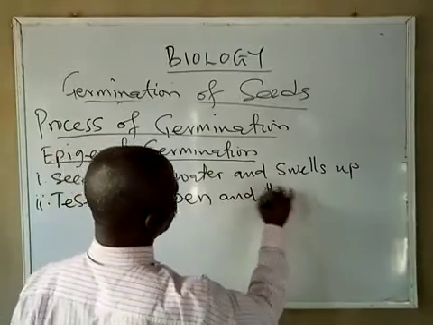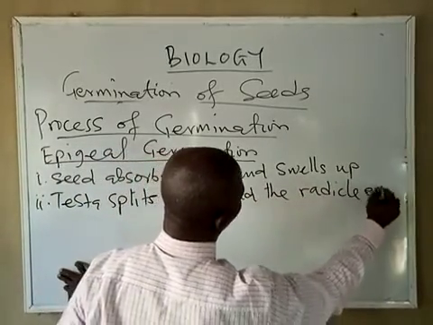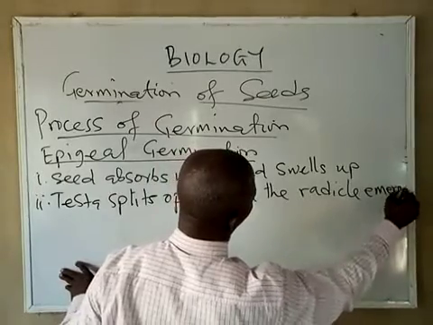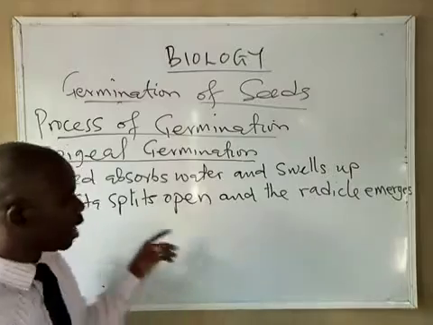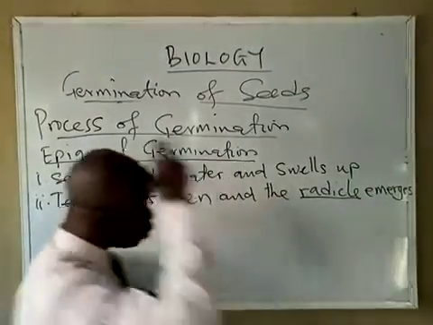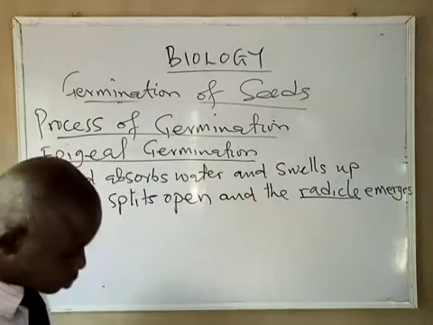And the radicle emerges. I told you that the radicle is the portion that becomes the root of the plant.